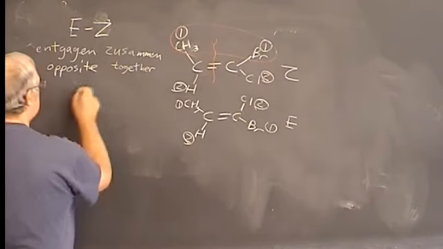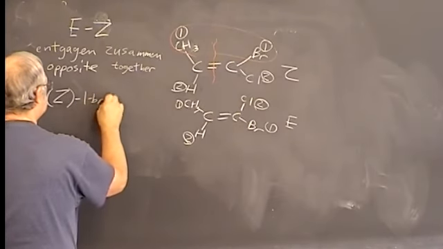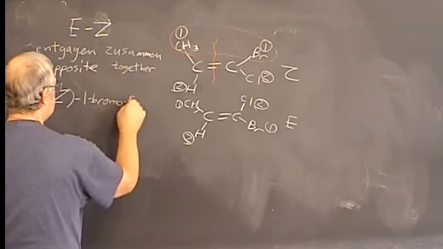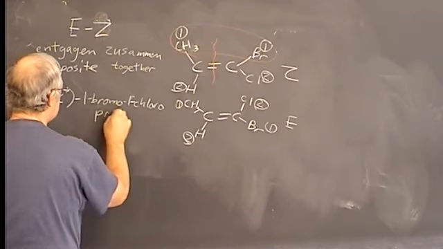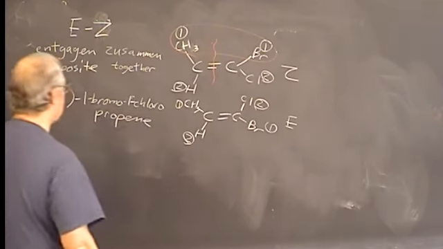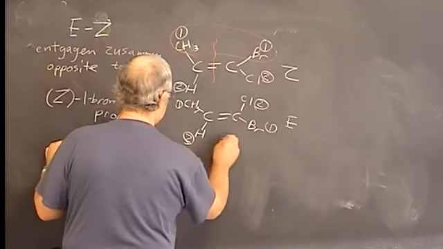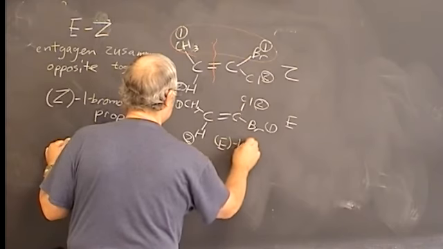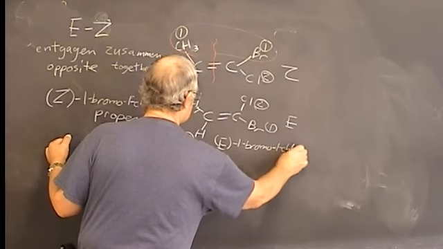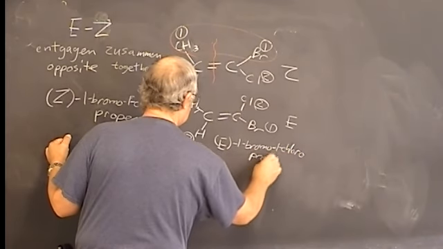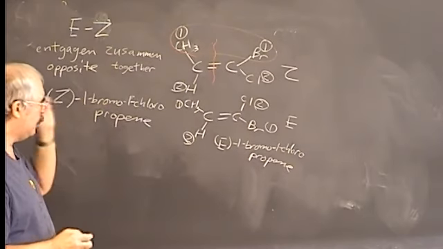So the first one is Z in parentheses, 1-bromo-1-chloropropene. You could say 1-propene, but with 3 carbons, there's only one place we can put a double bond. And then this would be E-1-bromo-1-chloropropene. It's propene because it has a double bond.